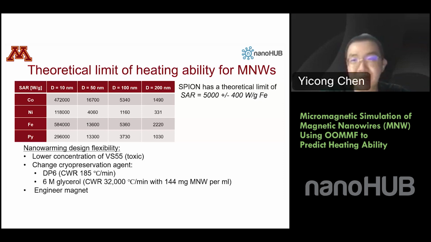Thanks for your question. What is SAR, S-A-R? SAR means specific absorption rate, which is another way of measuring the heating ability, like how much heat is absorbed by the sample, and this can be converted easily to temperature per minute.